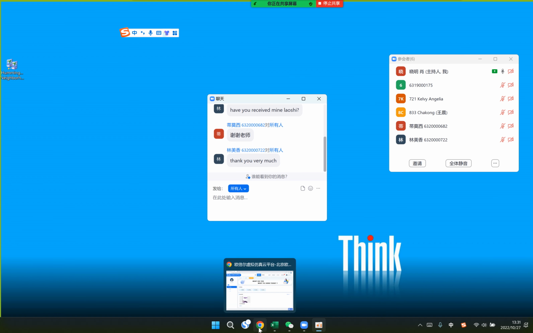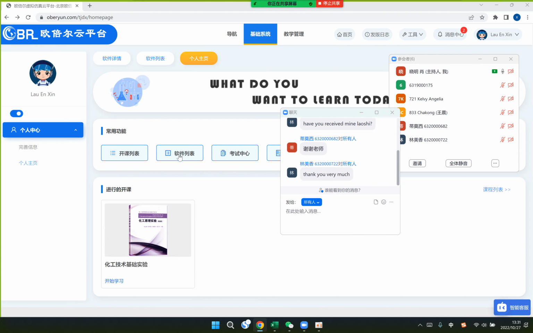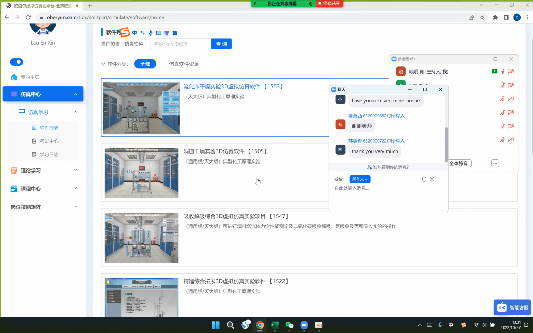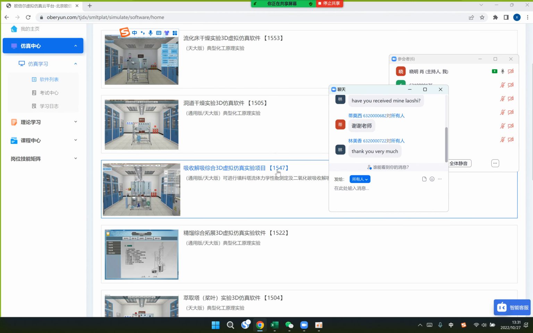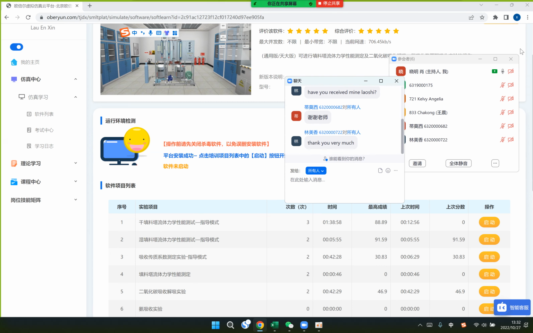For this part, we also use this software, experiment 1547.